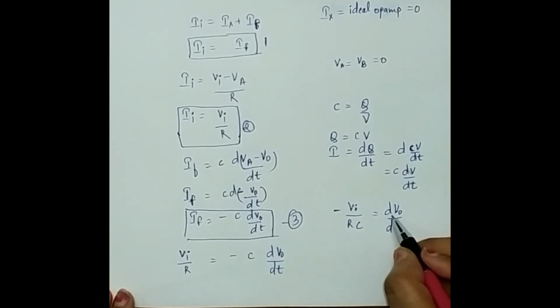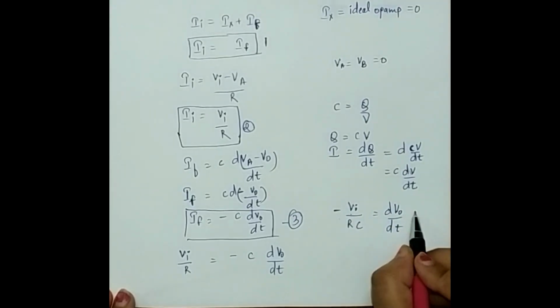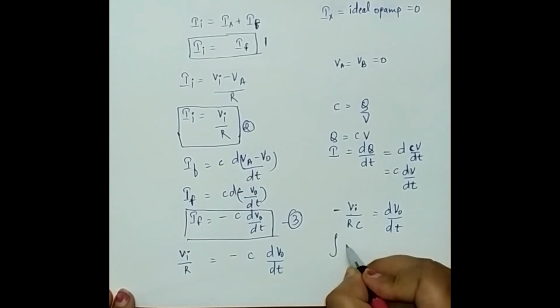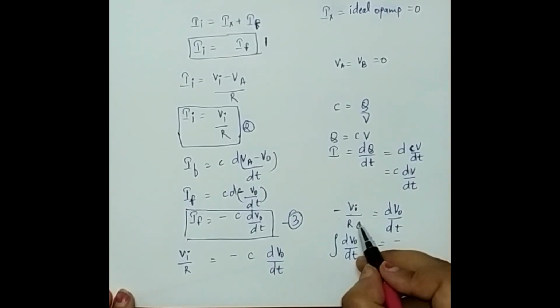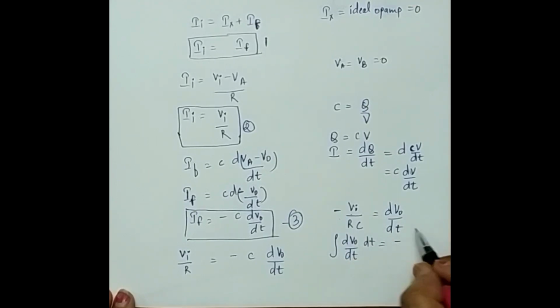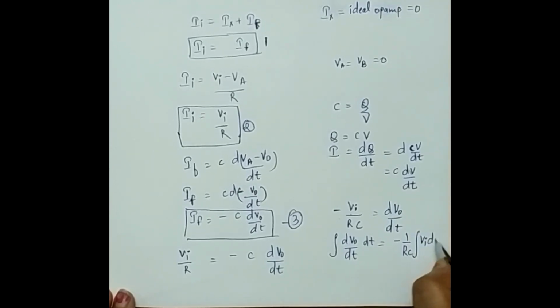To remove this d, we will integrate both sides. The integration of dV0 by dt into dt equals minus, putting R and C outside the integration because they are constant, RC integration of Vi dt.